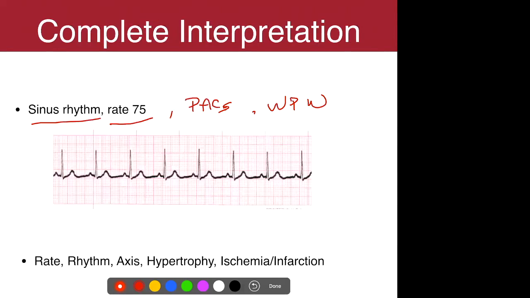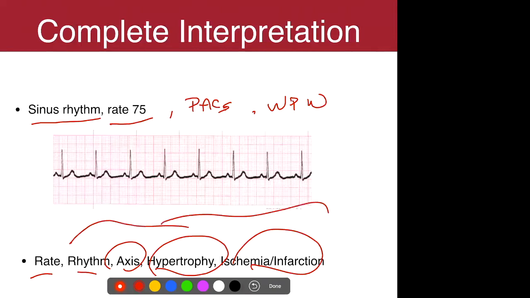This would be the complete interpretation thus far. So right now we're doing rate and rhythm. As we move along, though, you'll have to add these things to your complete interpretation. Not only is it important clinically to be able to make note of these things, but also when you want to make money and keep your office open, to bill for these EKG interpretations that you'll be doing, the insurance is going to be looking for some of this information in order to think it's complete and pay you for it.